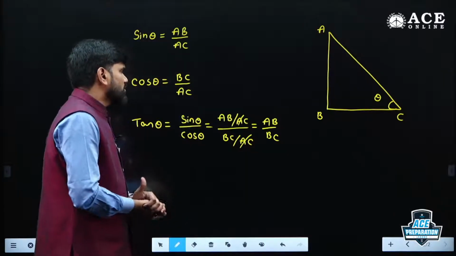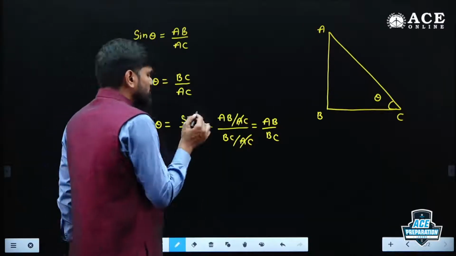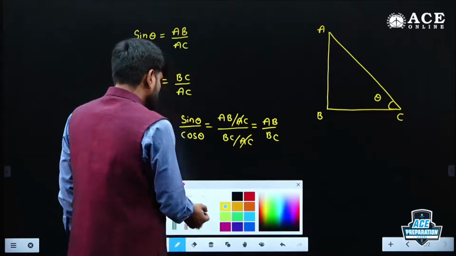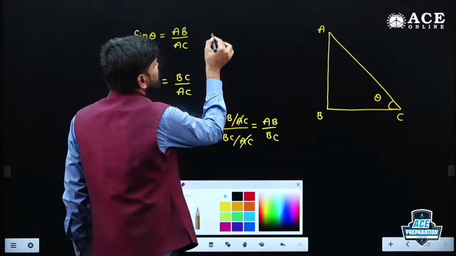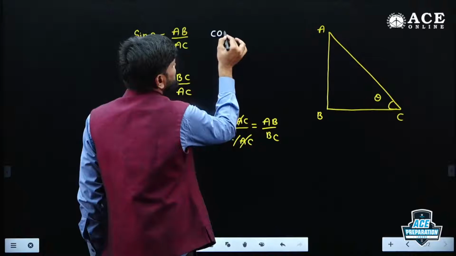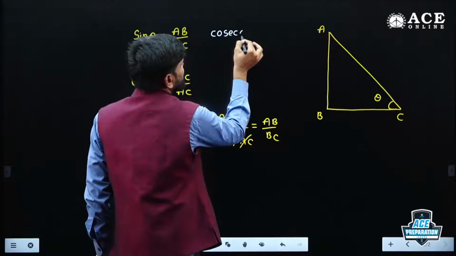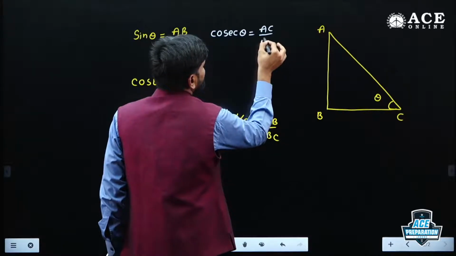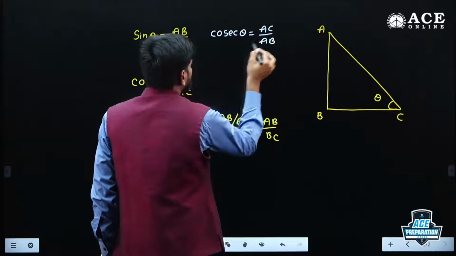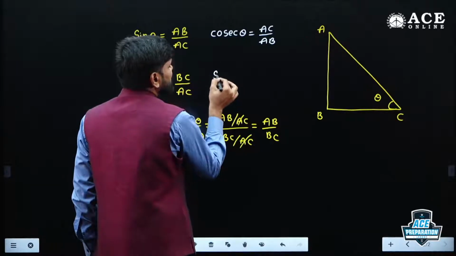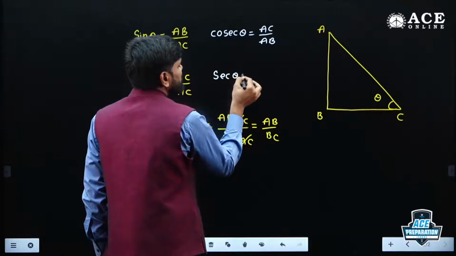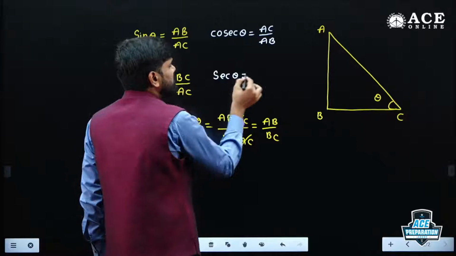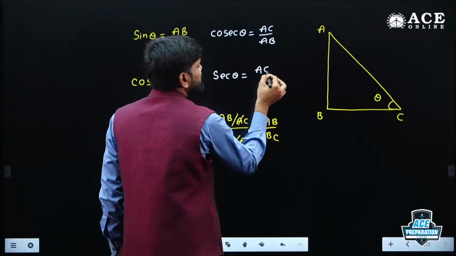Now based on this, what will cosecant theta be? Cosecant theta is equal to 1 by sin theta, we know. So cosecant theta is equal to AC by AB. Similarly, secant theta is equal to AC by BC.